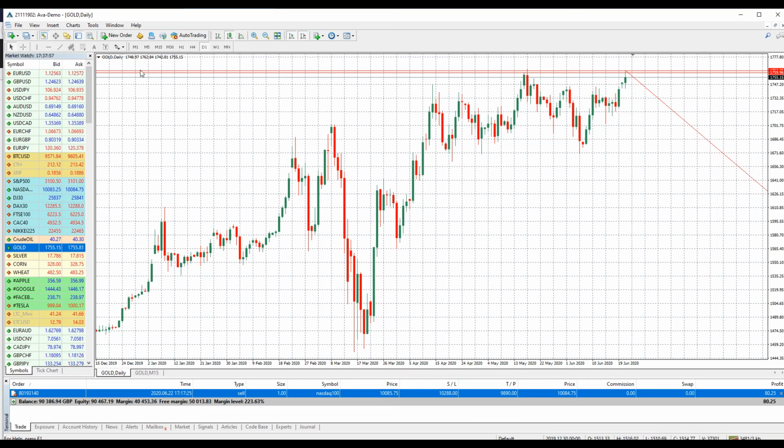That's why you could put a pending order up here on gold as a buy stop, just in case some kind of huge news comes that causes gold to break this resistance level. You could be just waiting with your buy stop pending order up here, that if it breaks the resistance, whatever news caused that momentum, doesn't matter what it was, your buy stop would then trigger and you're in on a buy.